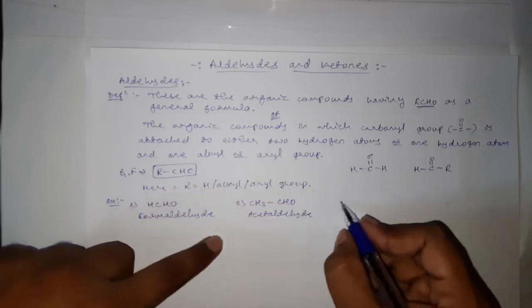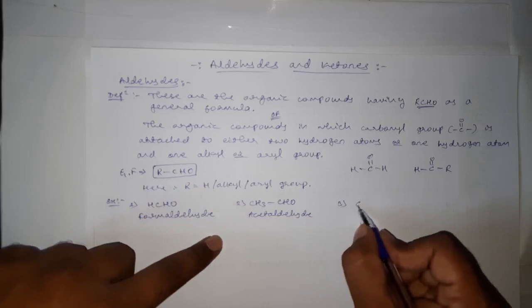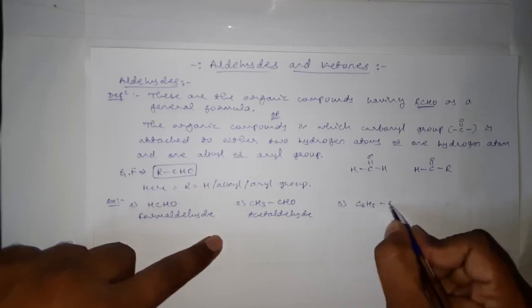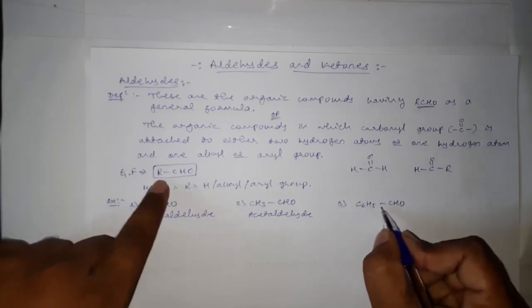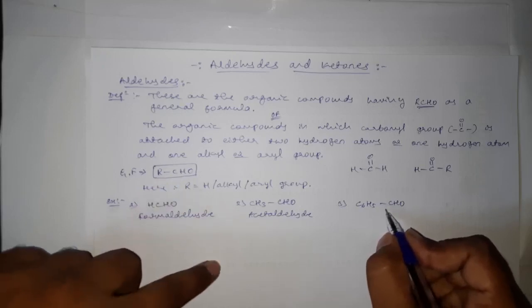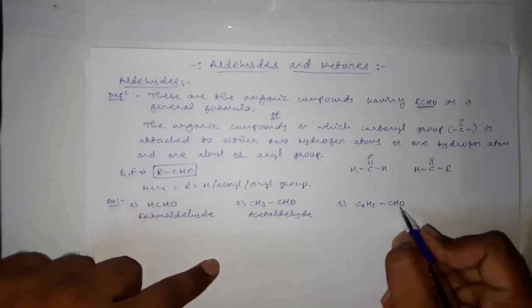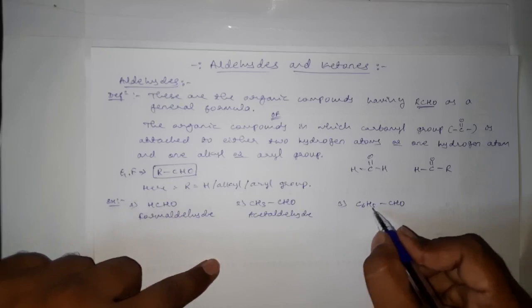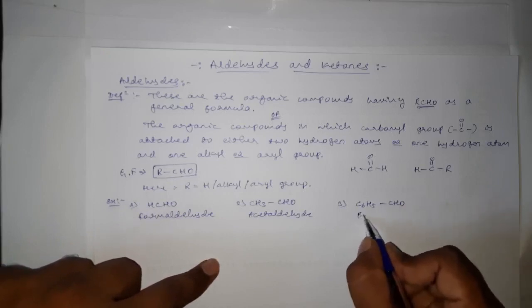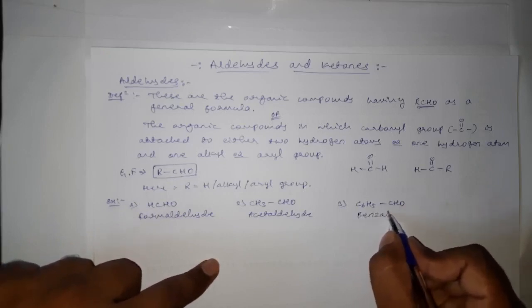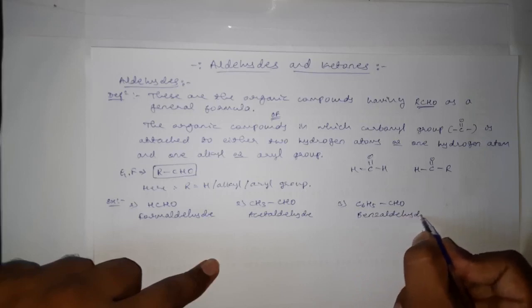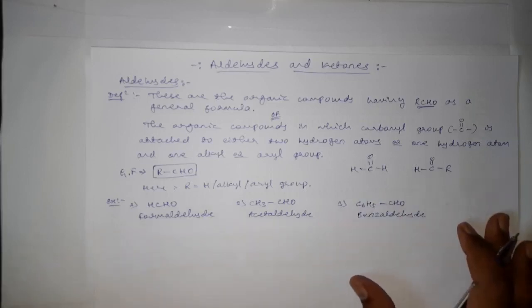Okay, or you can take C6H5CHO, it is of the form RCHO, and here on one side of the C double bond O, H is there, and on the other side an aryl group is there. This is benzaldehyde.